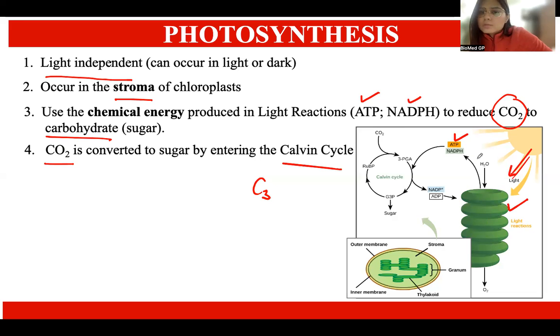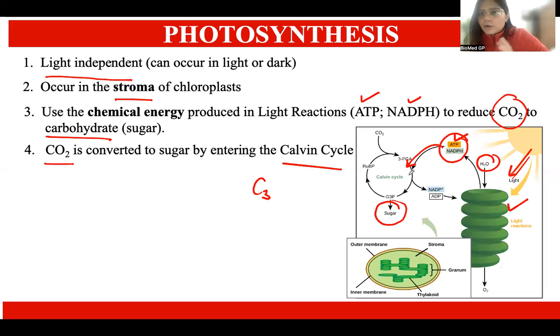And also in this process, a water molecule is split to form oxygen, which we are breathing right now. These ATP and NADPH molecules then enter into the Calvin cycle, which is the dark cycle. We are concerned about that in this lecture. And that leads to the production of sugar molecules finally.